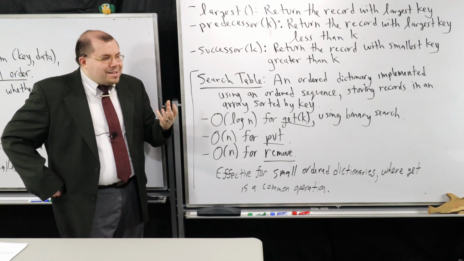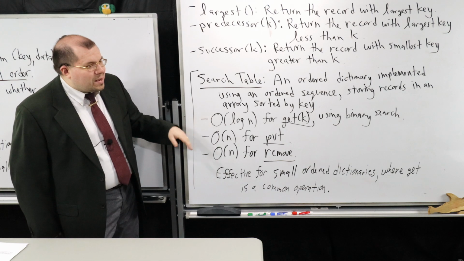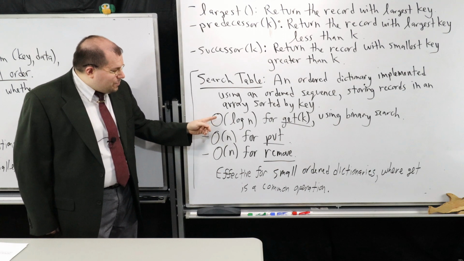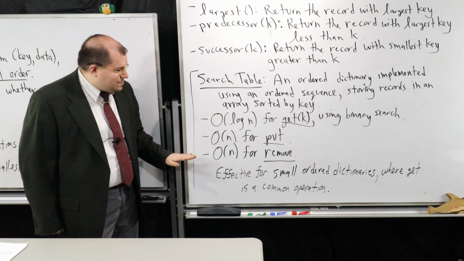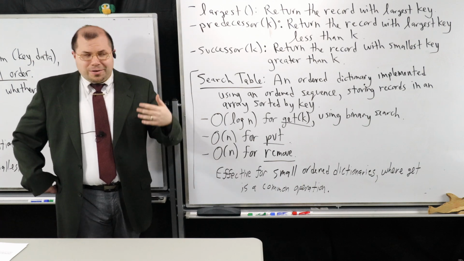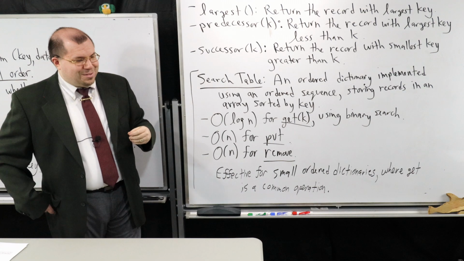Suppose that I would like to have a data structure that's able to achieve something like this. Well, I want to also have the same time complexity for the puts and the removes. That would be wonderful, right? Because we know logarithmic growth is much, much slower than linear growth.